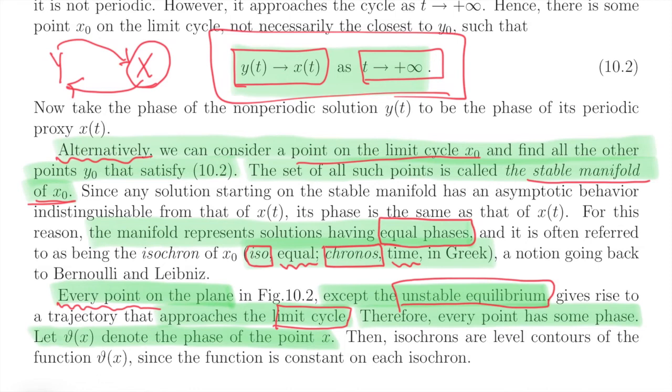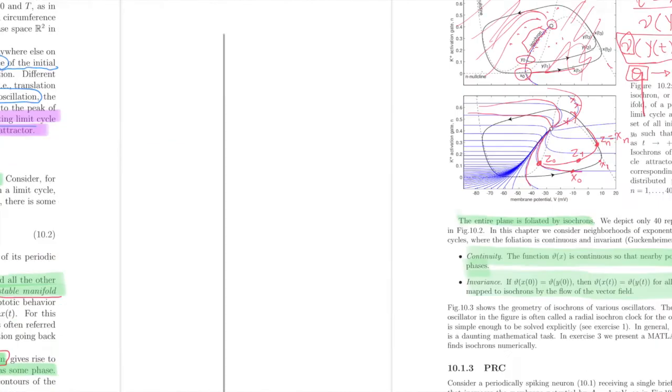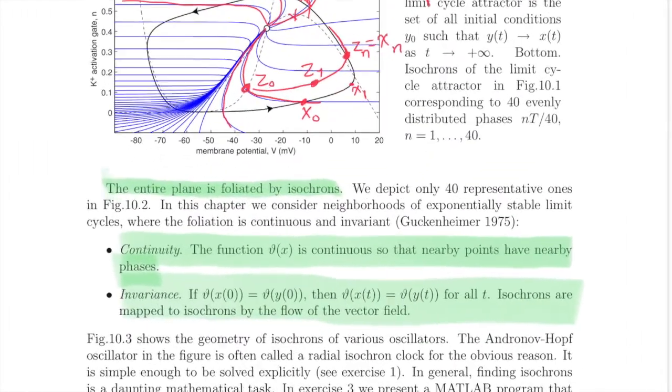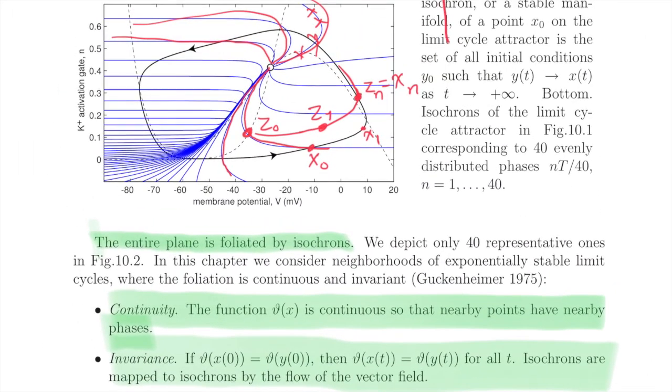Therefore, every point has some phase. Let nu denote the phase of the point x, like nu of x is the phase of point x. Then the entire plane is foliated by isochrons. It is completely covered by isochrons.